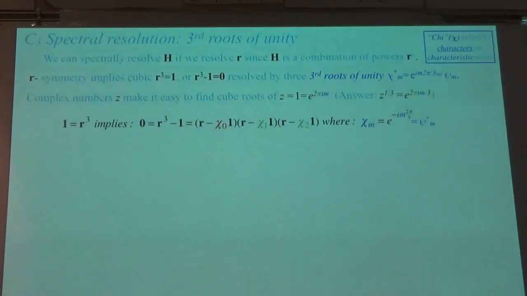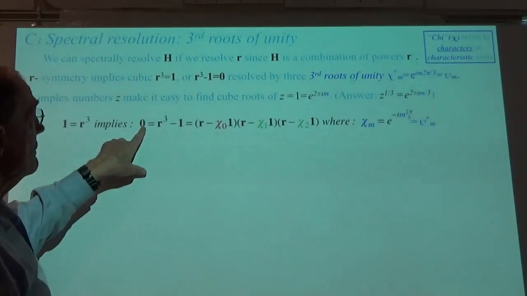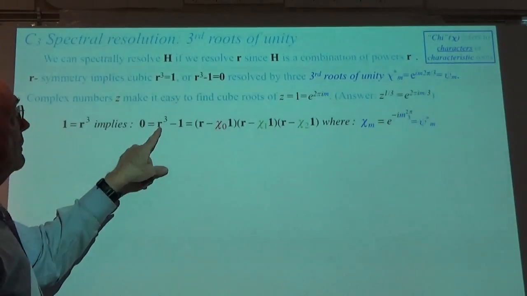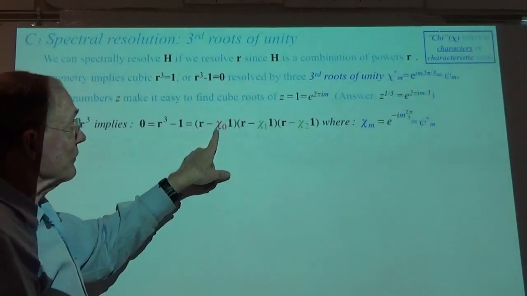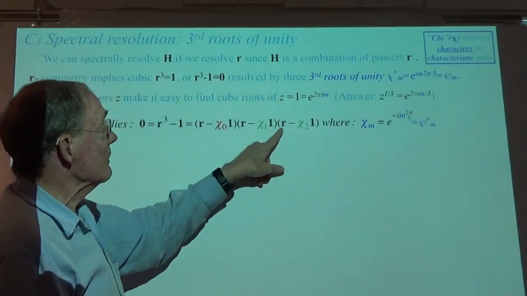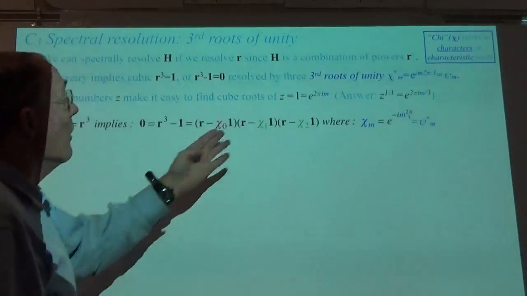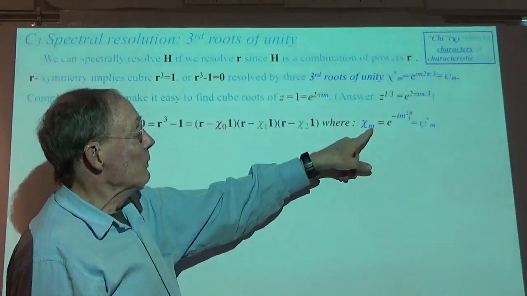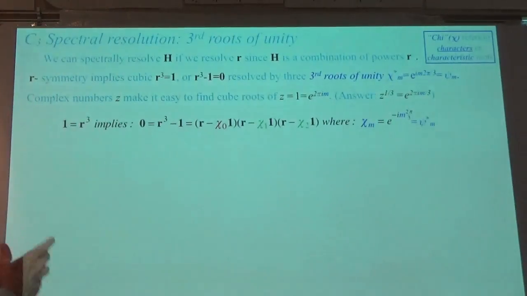Having this thing cubed to 1 means that we have an equation of algebraic 0 equal the cube of R minus 1, and that factors very nicely into these 3 roots, the 0, 1, and 2. That is m equal to 0, 1, and 2. So those are the roots that we're going to be working with.